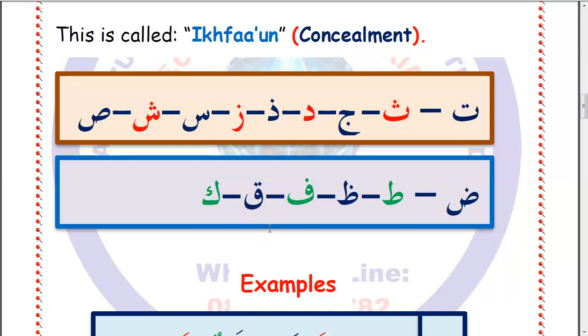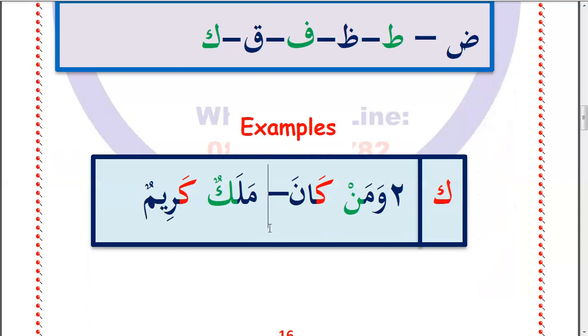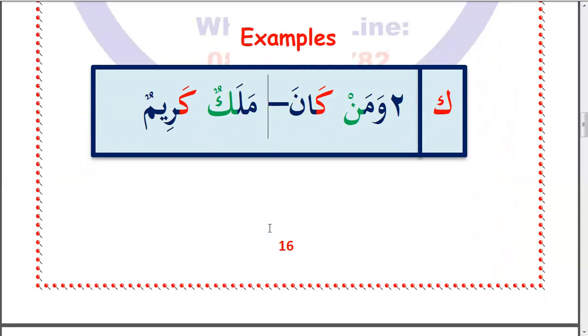If you see any one of these letters appearing after Nun Sakina or Tanween, make sure you apply Gunna to your Nun Sakina or Tanween. That is all. There's nothing else you should do beside that. Apply only Gunna, deep one, MashaAllah. Let's try to read some examples.